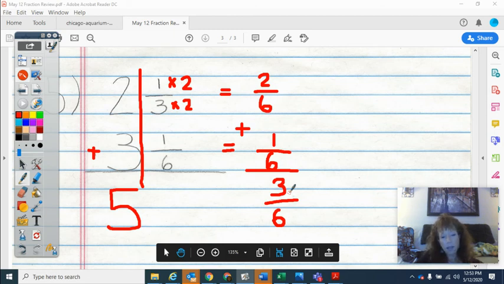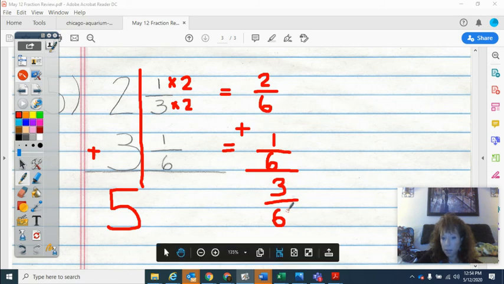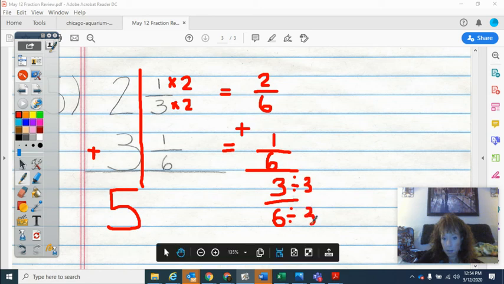But then I noticed something funny about this fraction. It doesn't look like it's in simplest form. There is a number that can go into 3, that can also go into 6 evenly. So 3/6, if I divide by 3 here in my numerator and divide by 3 in the denominator, 3/6 is equal to 1/2.